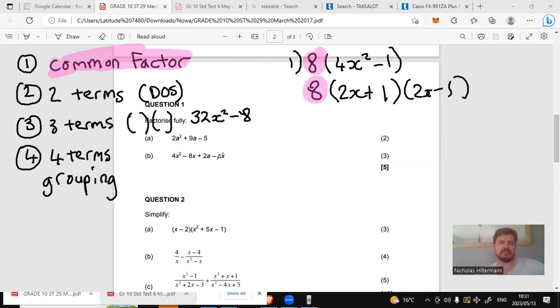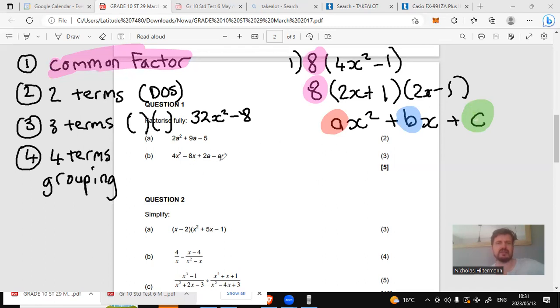Now, the second one just so happens to be 3 terms. When we're dealing with a trinomial, remember ax squared plus bx plus c is the general formula, where a is the number in front of the x squared, b is the number in front of the x, and c is the number by itself.